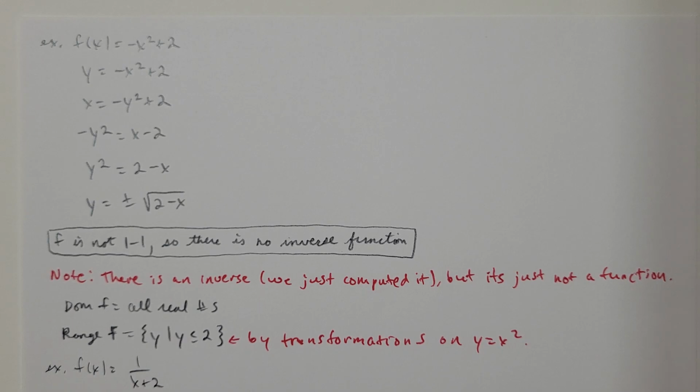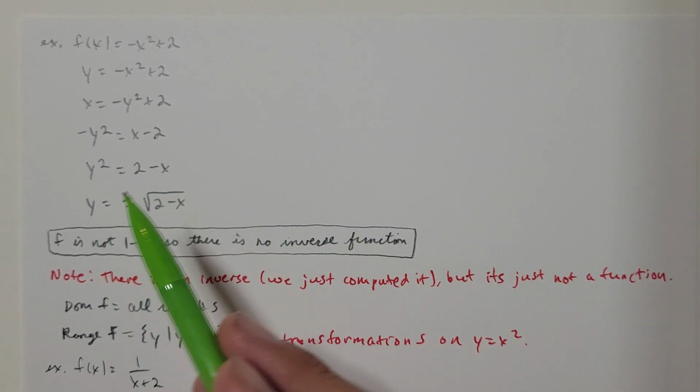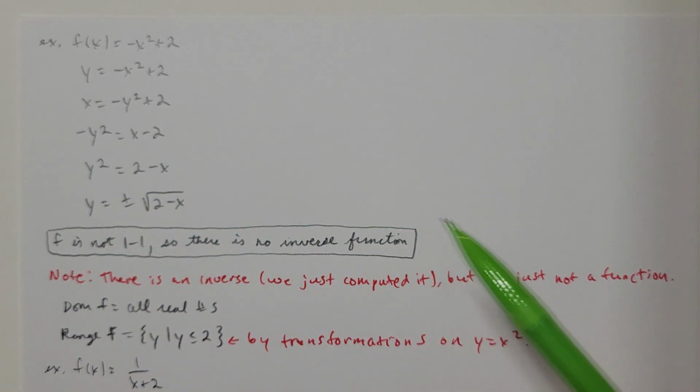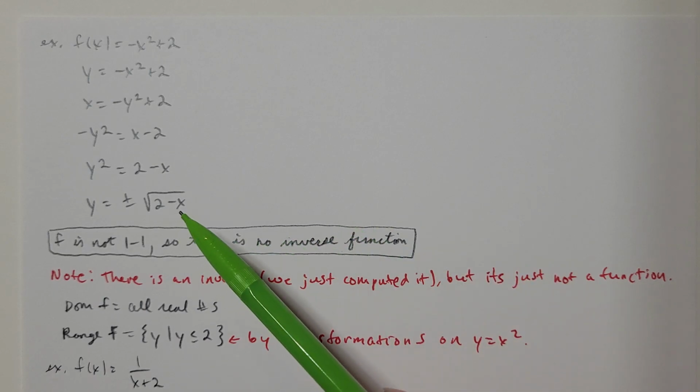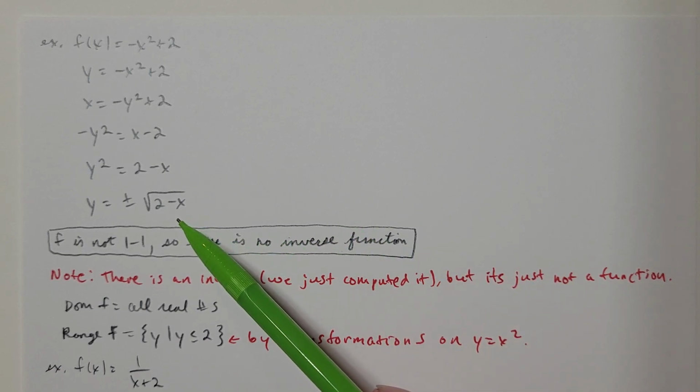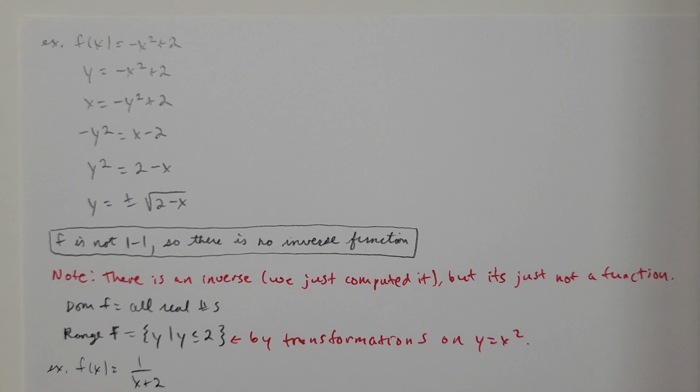So the first thing is, is f 1 to 1? This is my answer. This is the inverse, but no, f is not 1 to 1. The inverse is not a function. Because I know that for a function to happen, for each x there's only one y.